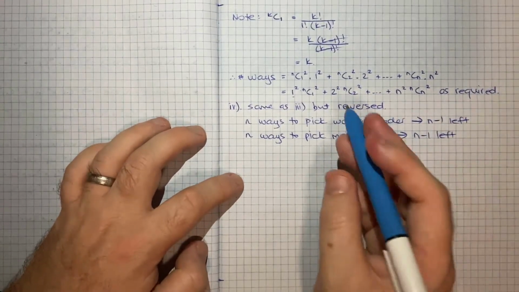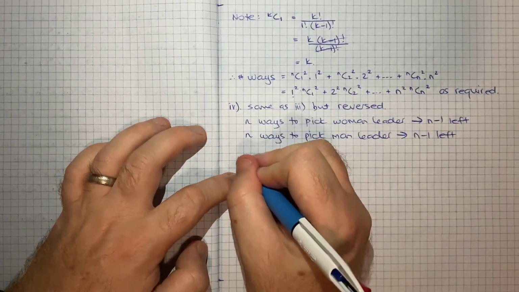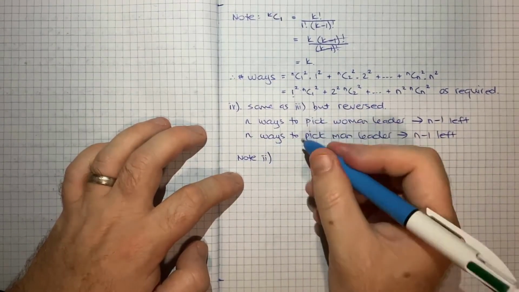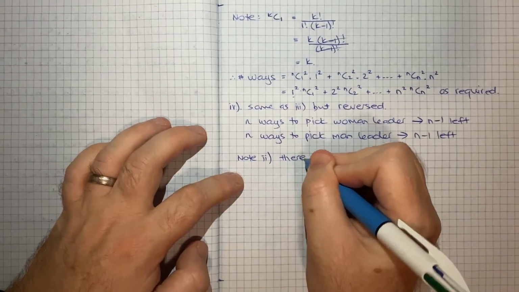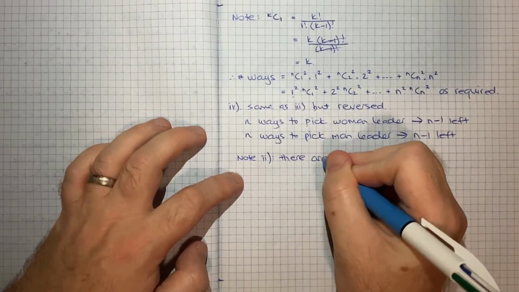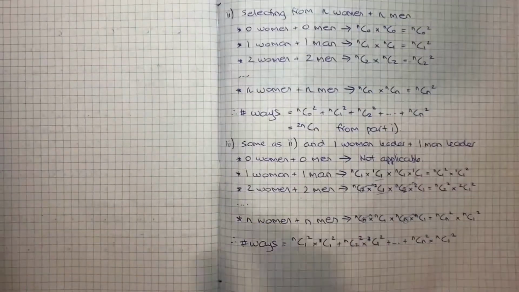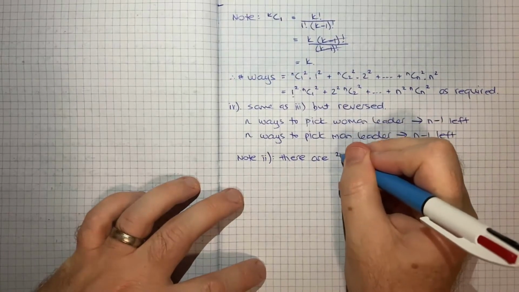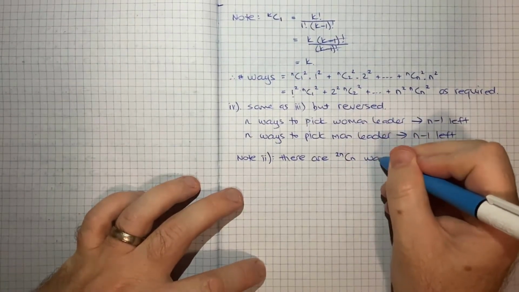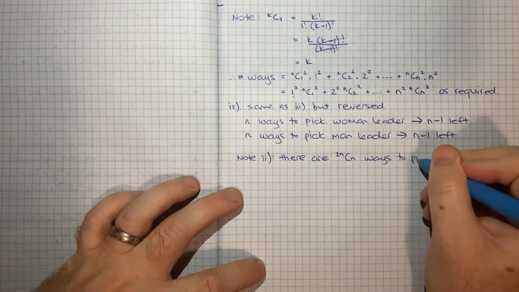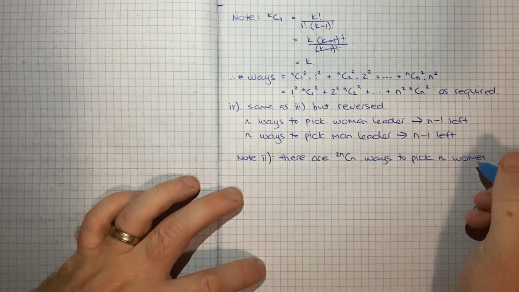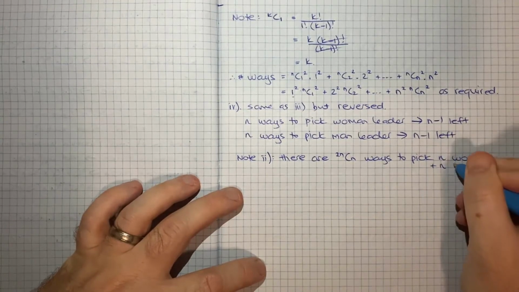So we were told in the question to think about part 2, because from part 2 we can say there are 2nCn ways to pick n women and n men.